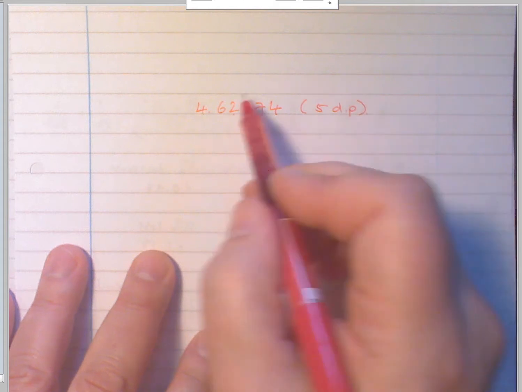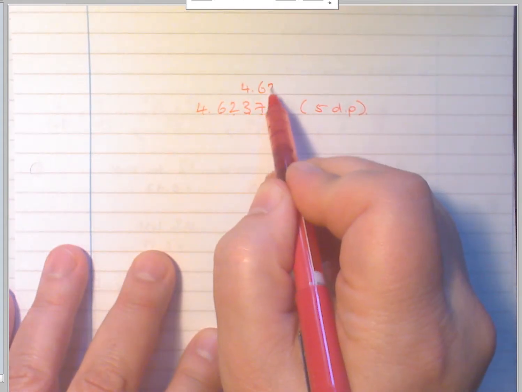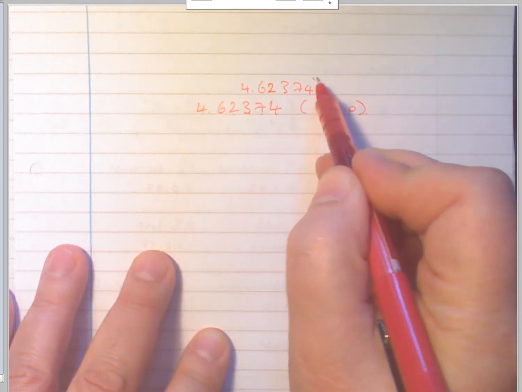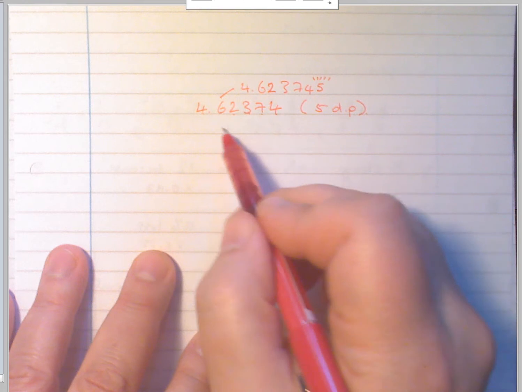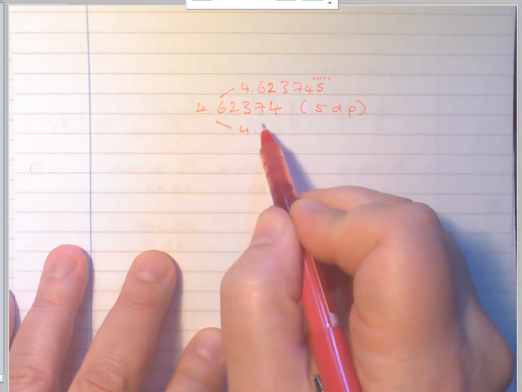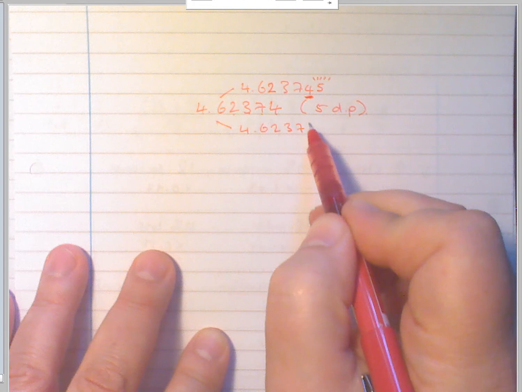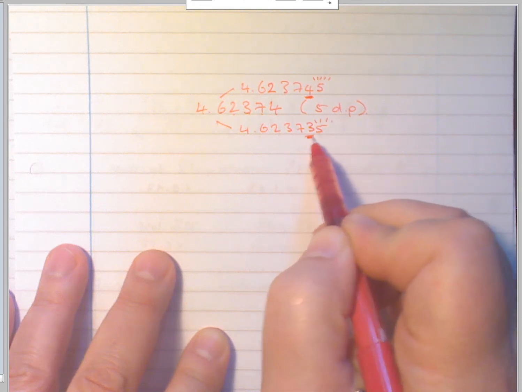Basically I'd write the original number here, 2374, and just chuck a 5 on the end, and that would be the upper bound, and the lower bound would be symmetrical with it. So I'm changing that 4 to a 3. So just make it symmetrical.